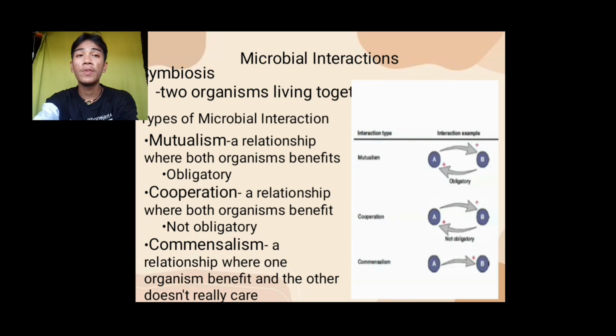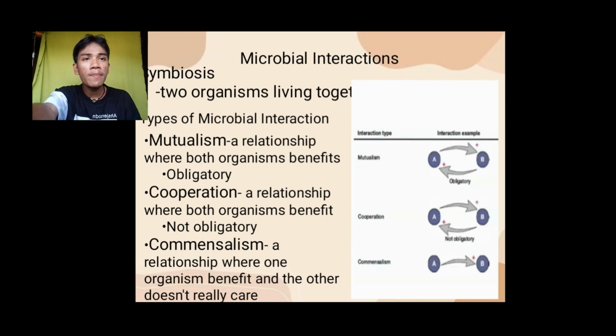They are those organisms na kung saan they are living with their partners, okay, or they are living with their companions. An association of two or more different species that live together. That is what we call the symbiosis.